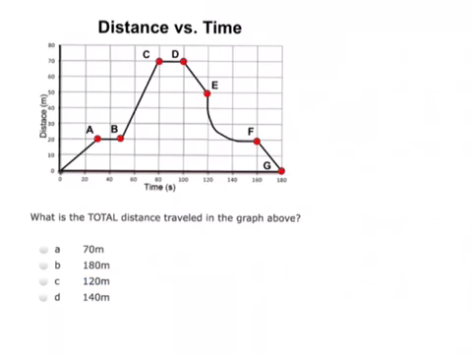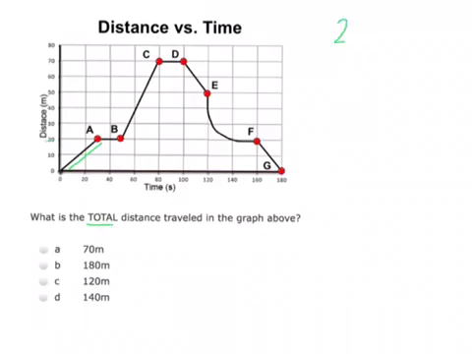For this question, it says, what is the total distance traveled in the graph above? So this object took a path along the way that took about 180 seconds. We want to know what's the total distance that they traveled throughout the entire trip. So if we first start and look from start to A, we can see that they traveled a total of 20 meters.